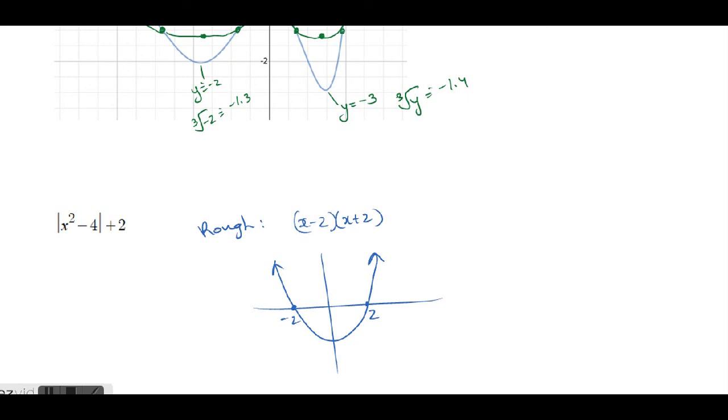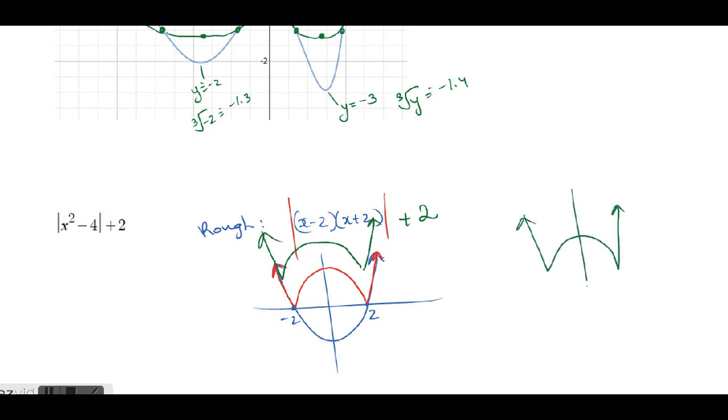When we take the absolute value of this, we reflect anything that was negative to be higher. And then finally, if we're adding a 2 at the end, we're just shifting everything up by 2. So the final graph is a graph like this that's shifted. These values right here are at 2. All right, so don't forget transformations as you're doing these. I hope this helps.